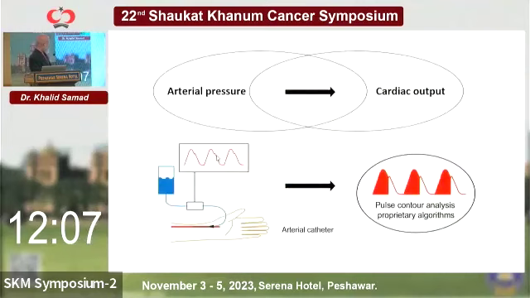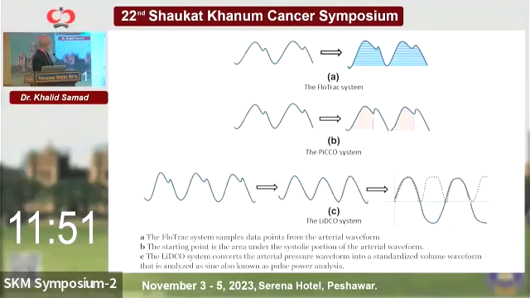All of these techniques which measure the arterial pressure and give the cardiac output basically convert it to cardiac output by using some kind of specialized proprietary algorithms and measure the area under the curve using different techniques. For example, FloTrac uses sampled data points from the arterial waveform. The PiCCO system uses as its starting point the area under the systolic part of the arterial waveform.